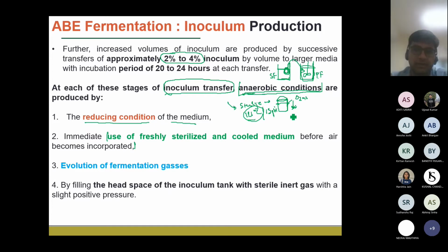Then, to make the anaerobic condition, we evacuate the fermentation gases and also fill the headspace of the inoculum tank with a sterile gas at a slight positive pressure. This is a very important step, and it is also what is mostly followed in industries.